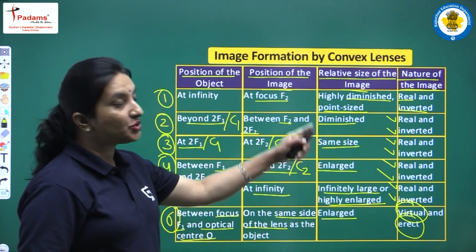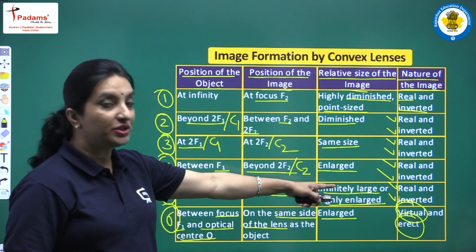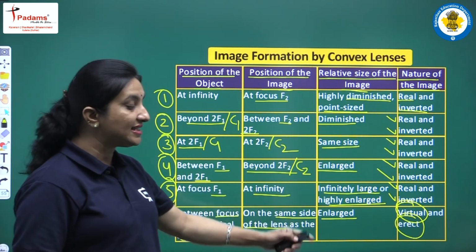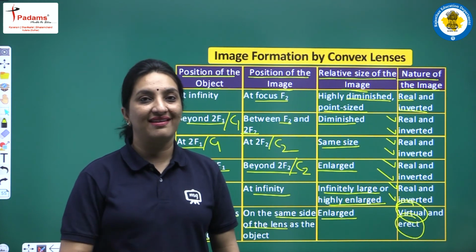So what we see here, students, is that for the first 5 positions we are getting a real and inverted image, and for the 6th position we are getting a virtual and erect image.